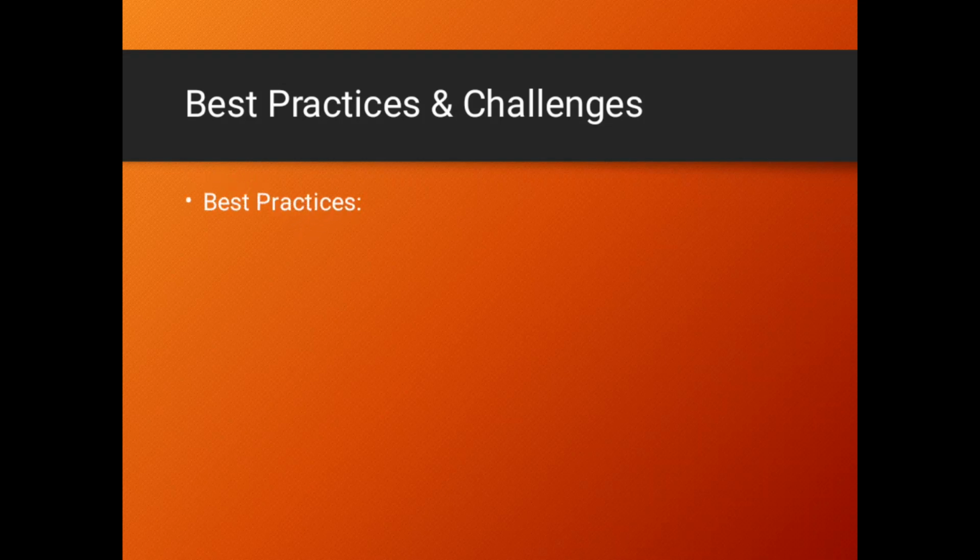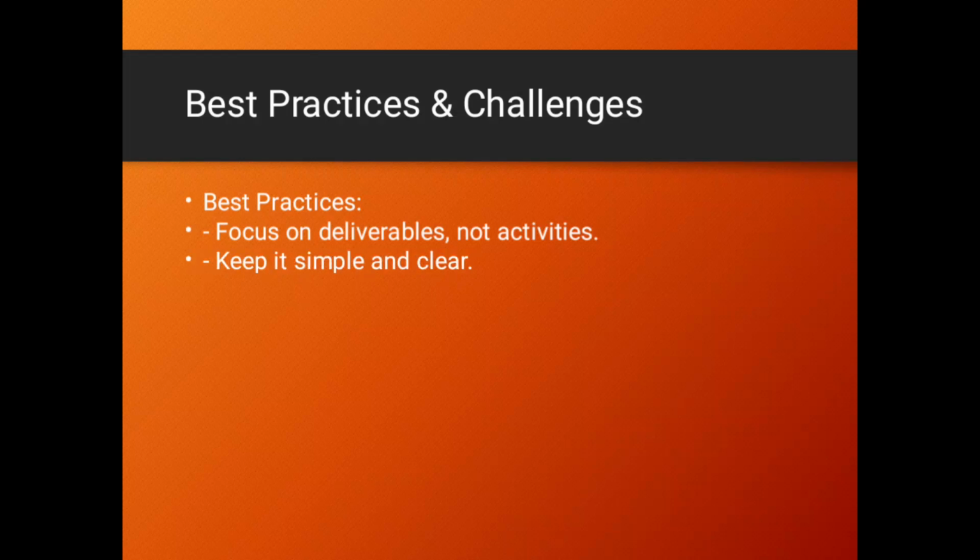Let's talk about best practices as well as challenges. Let's start with best practices. When you are making a work breakdown structure, you need to focus on deliverables, not activities. Another one, you need to keep it simple and clear, so it should be something that can be easily understood.